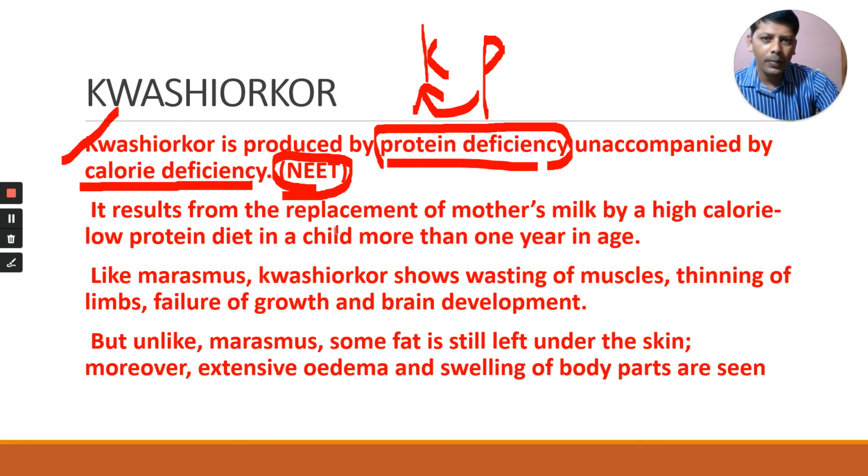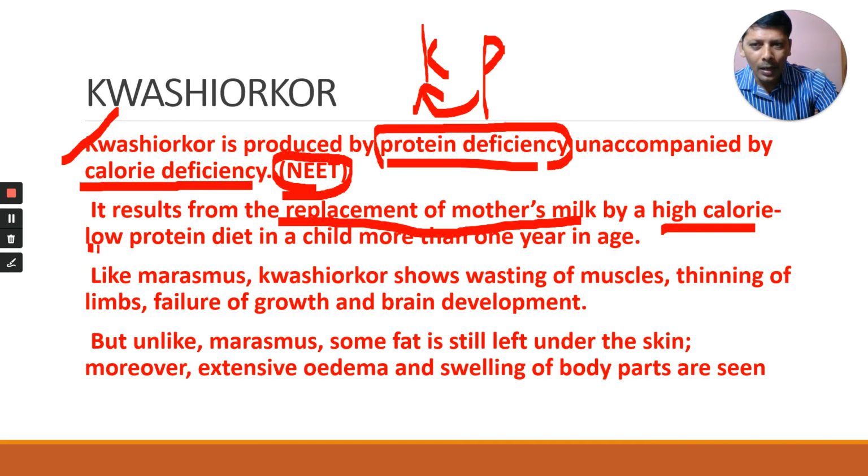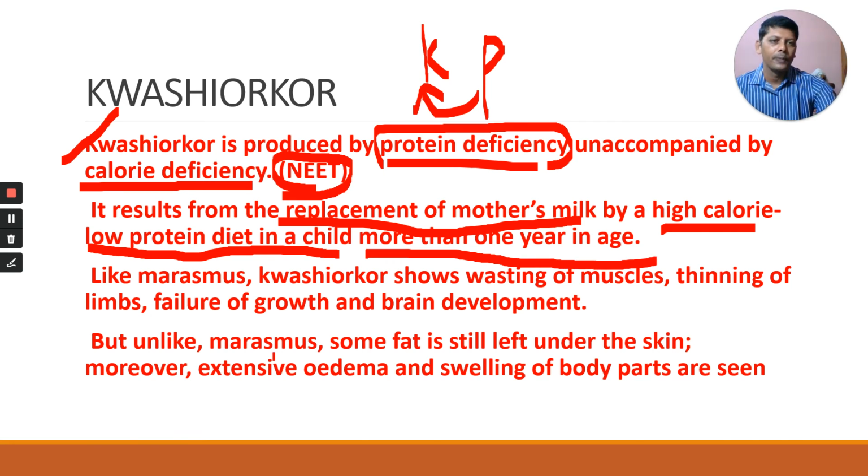It results from the replacement of mother's milk by a high calorie, low protein diet in a child who is more than 1 year in age. In the previous case, Marasmus, it is less than 1 year. Here it is more than 1 year in age.